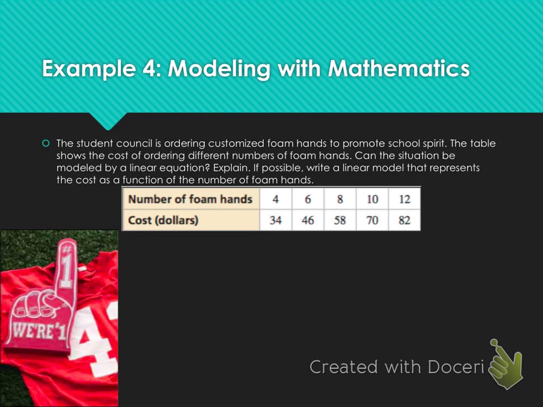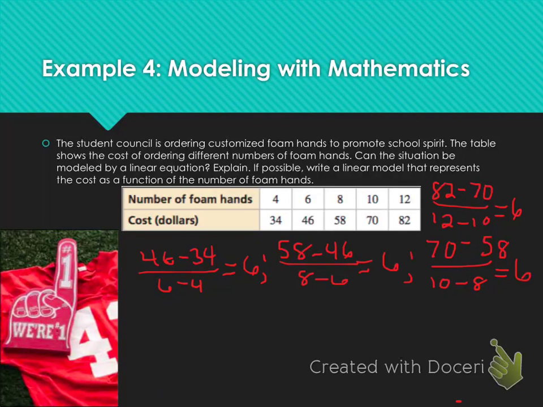So then to solve the problem, we're going to find the rate of change for consecutive data pairs in the table. If we're looking here, we can find that 46 minus 34, we find that the slope is 6.